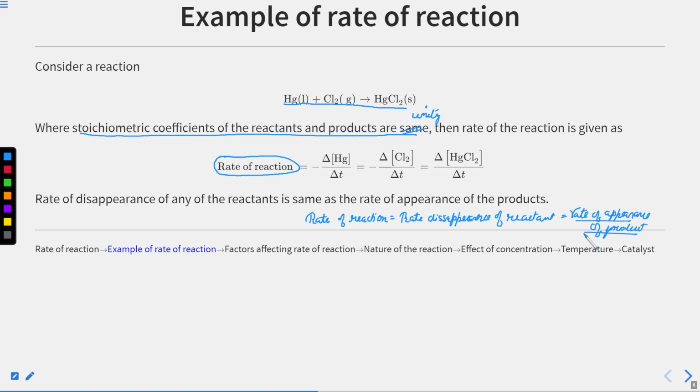So for a reaction whose stoichiometric coefficients are all 1, rate of reaction is equal to rate of disappearance of reactant is equal to rate of appearance of product.